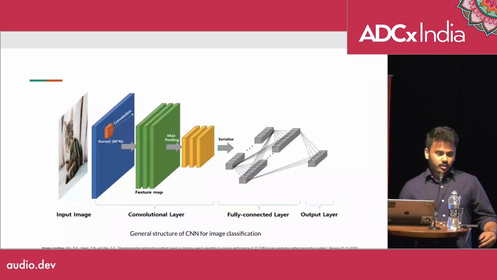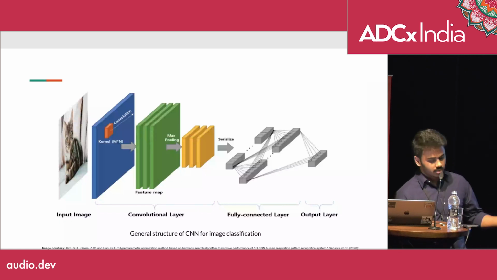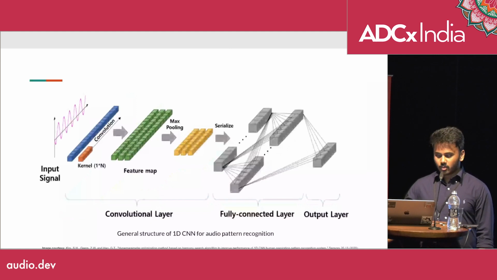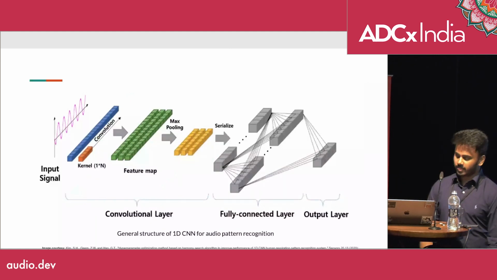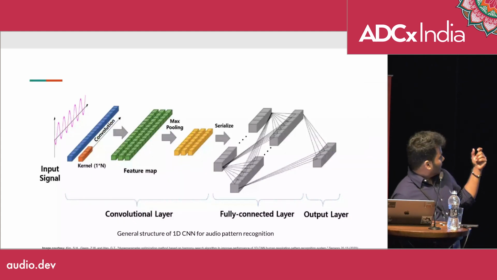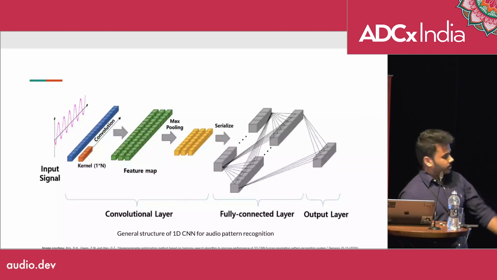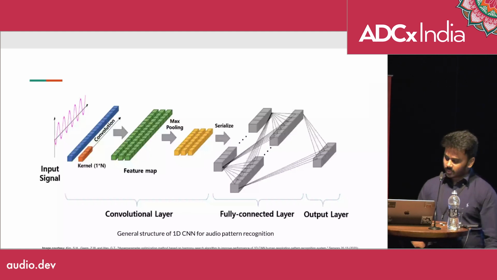When we work with audio, mostly we end up using 1D convolutional networks. This is a 2D convolutional network, but a 1D one is very similar. Instead of having a 2D kernel, you're going to have a 1D kernel, and it's going to convolve in the time axis.